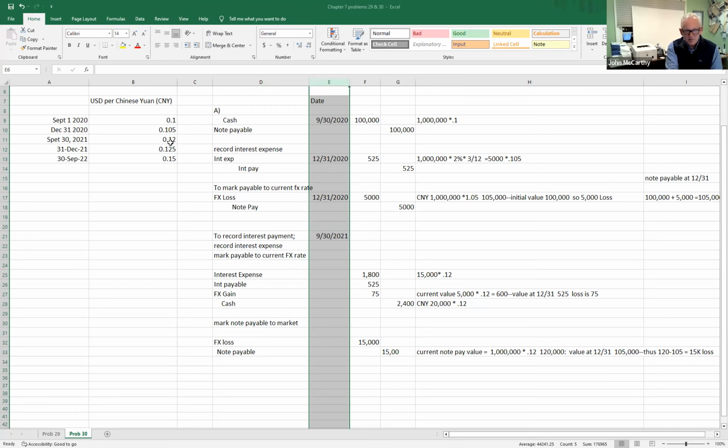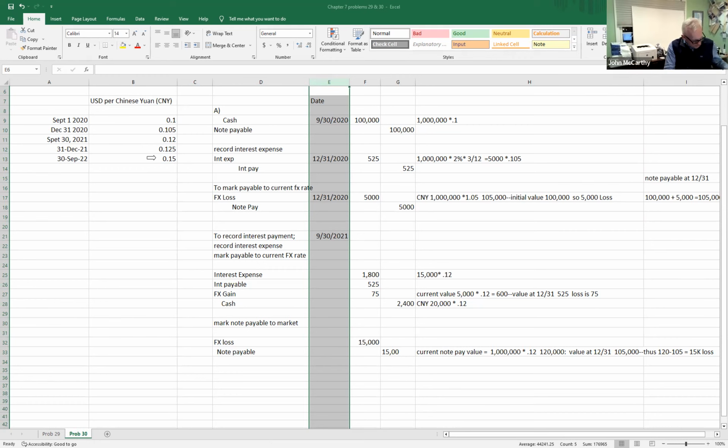So the dollar keeps depreciating against the CNY, the Chinese currency, over time. We can buy CNY for 10 cents here, but now it costs us 10.5 cents, now 12 cents, now 12.5, now 15 cents. So the dollar is depreciating, which means the CNY is appreciating.